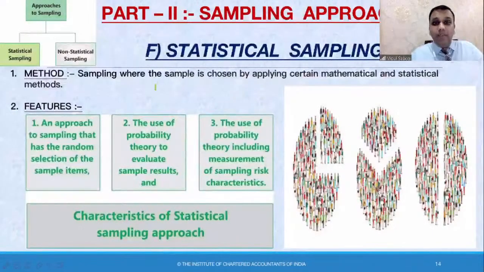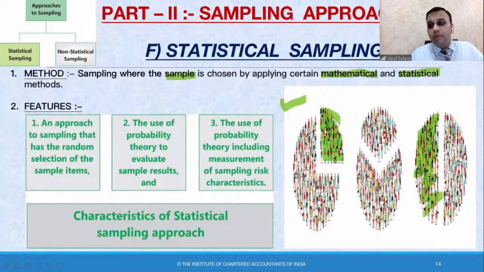Sampling where the sample is chosen by applying certain mathematical and statistical methods. You can see in this picture on the right, a certain technique is applied. In this case, one-fourth of the sample has been chosen. In this case, half of the population has been divided into two parts, right? And in this case, this much percentage.